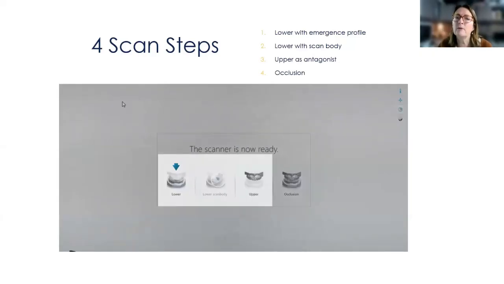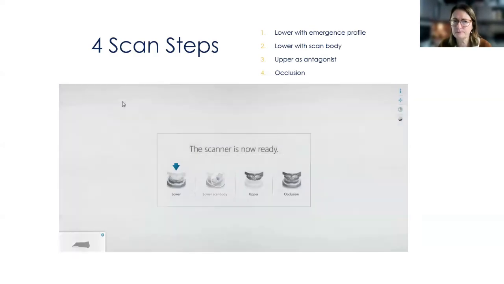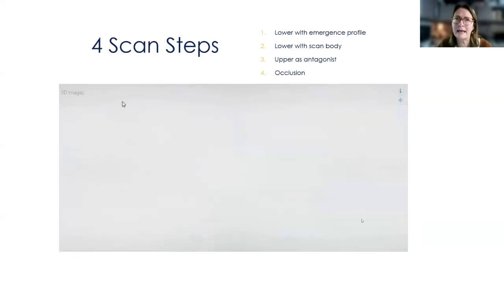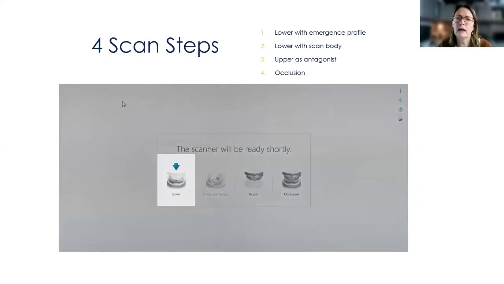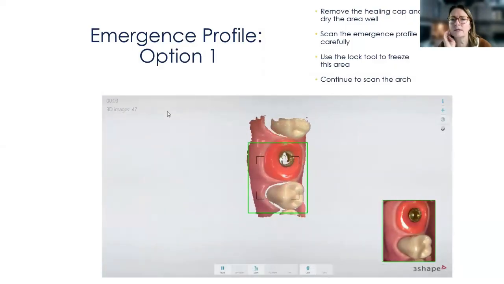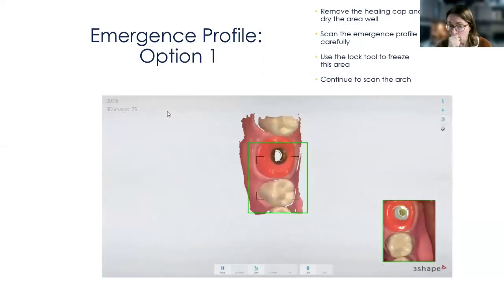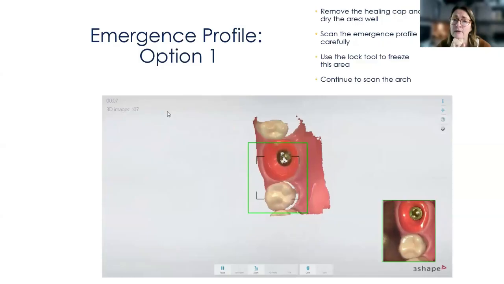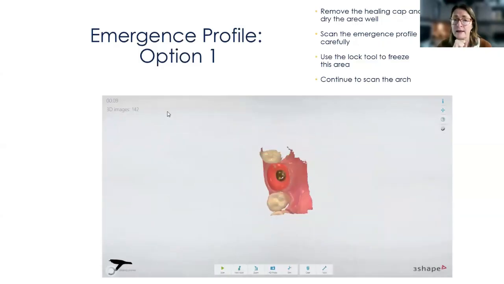So there will be 4 different steps, right? The upper, the scan body itself, the opposing, and then the bite registration. This is an example of the acquisition of, excuse me, of the emergence profile scan.